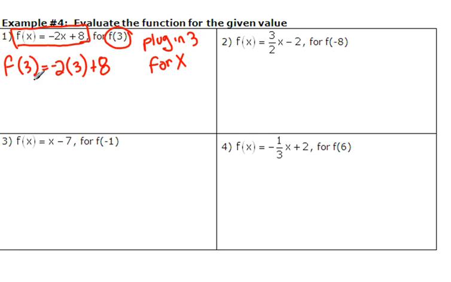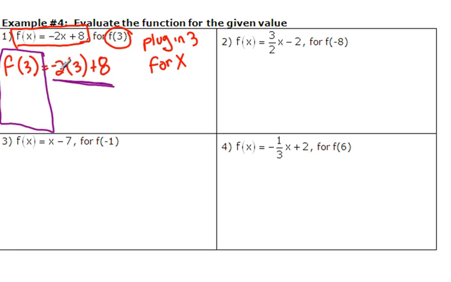Now, on this side, the f of 3, that is just showing you that it's a function. You never solve that part. That is just function notation. You don't do anything with that. What you do is you solve or you simplify this expression.